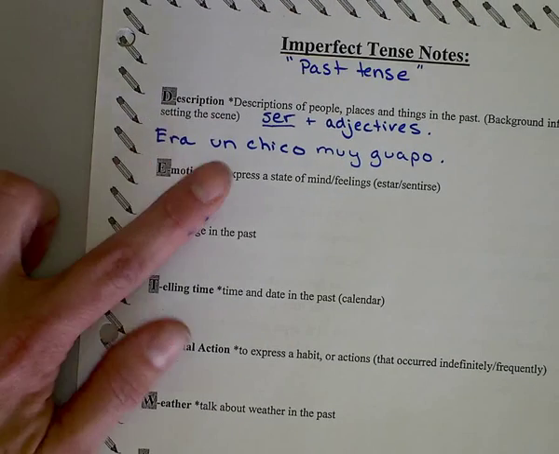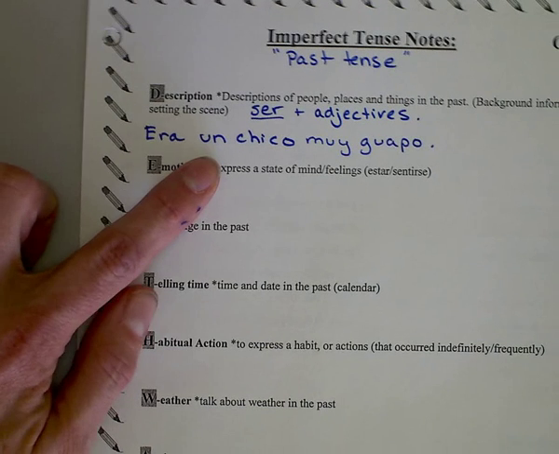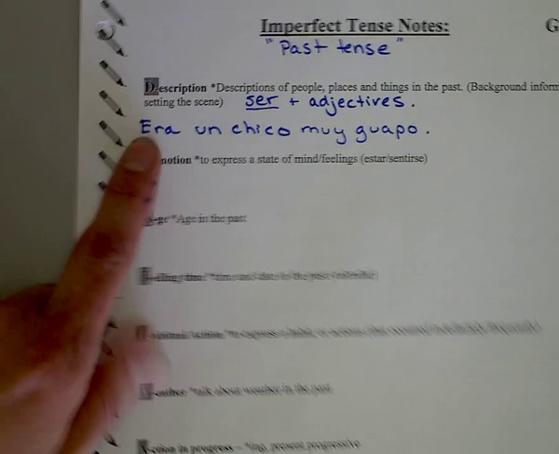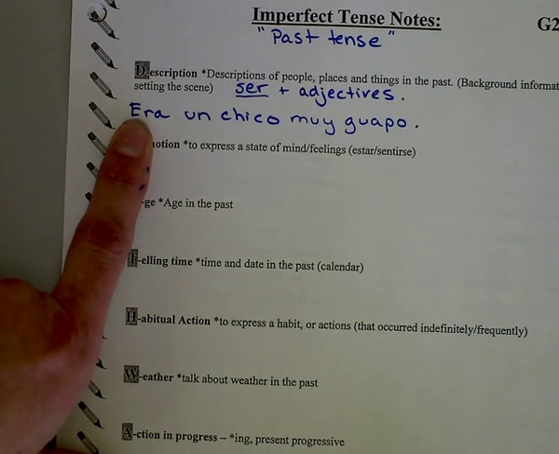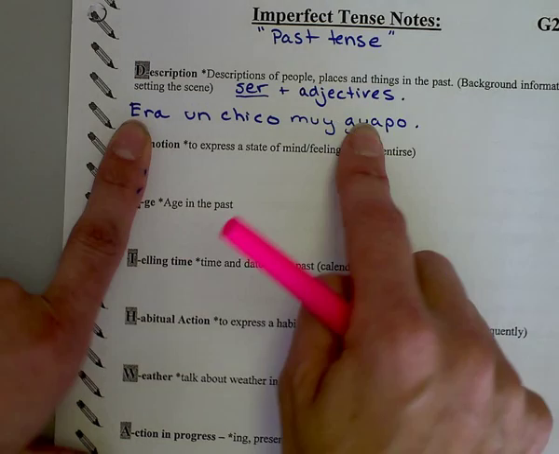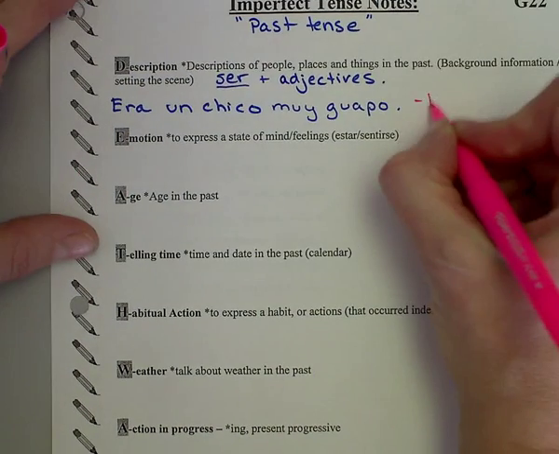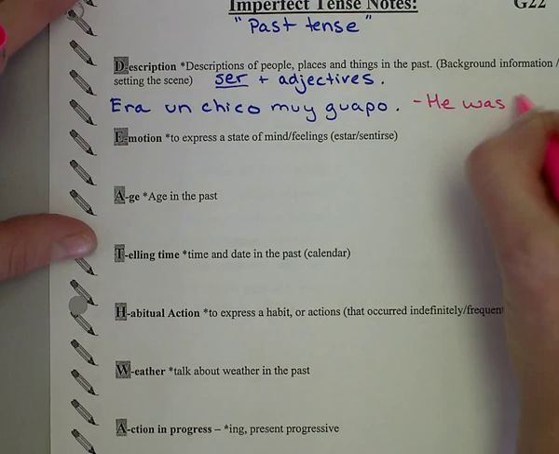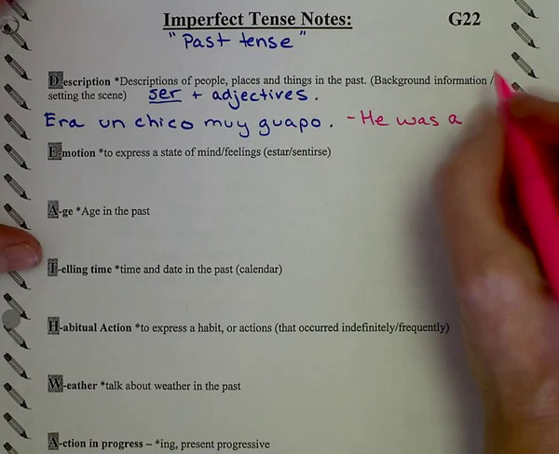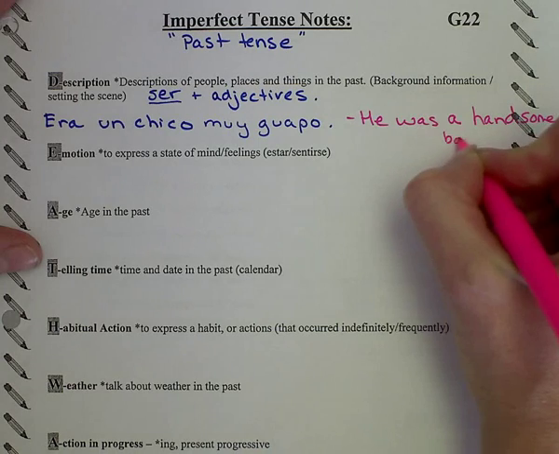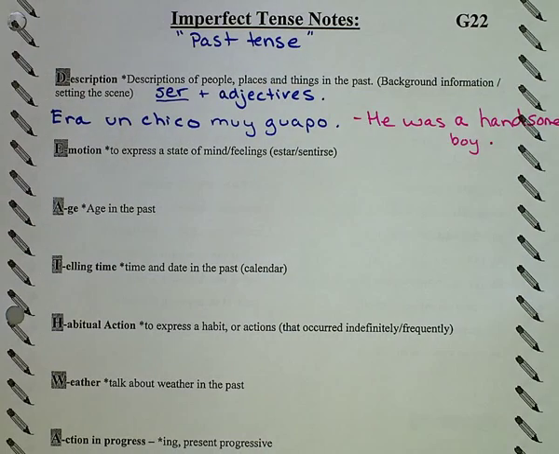Because I put it afterwards. But how would I translate this in English? He was a good-looking boy. He was a handsome boy.